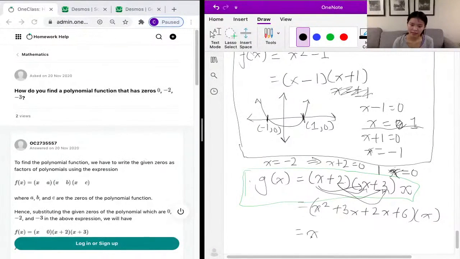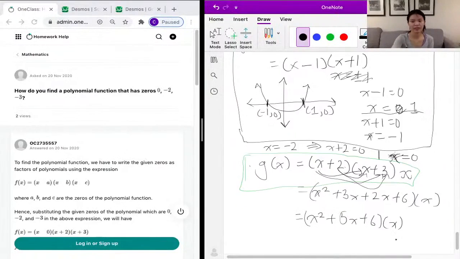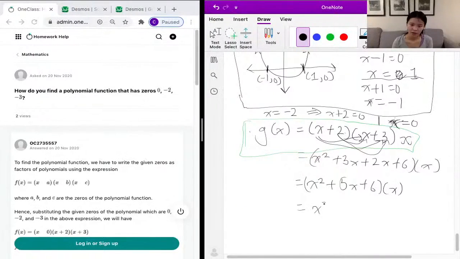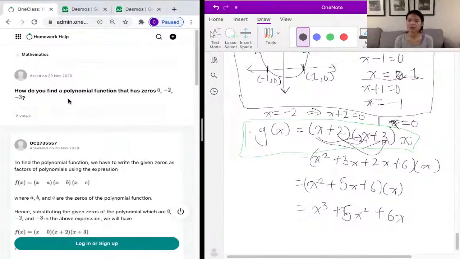Then we collect like terms: 3x plus 2x is 5x, plus 6. Then we multiply the entire thing by x, which gives x cubed plus 5x squared plus 6x. That is our polynomial function that has the zeros, and this is our final solution.